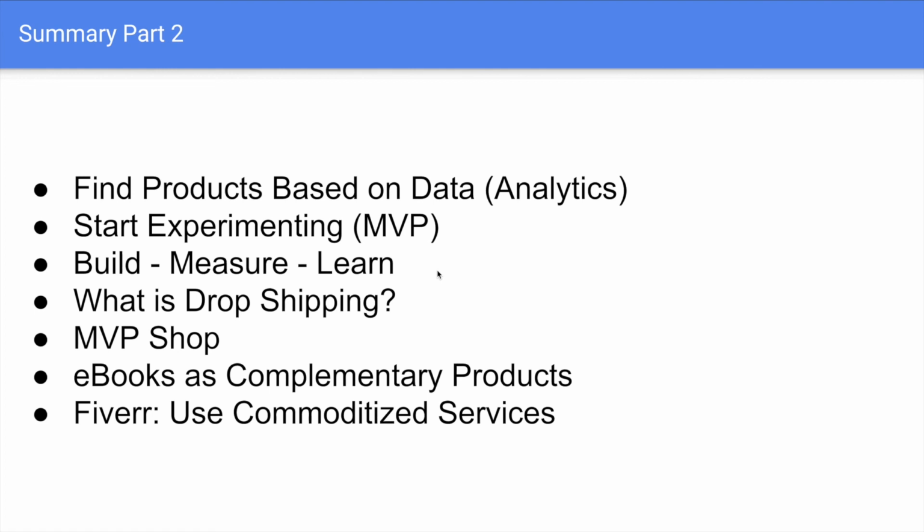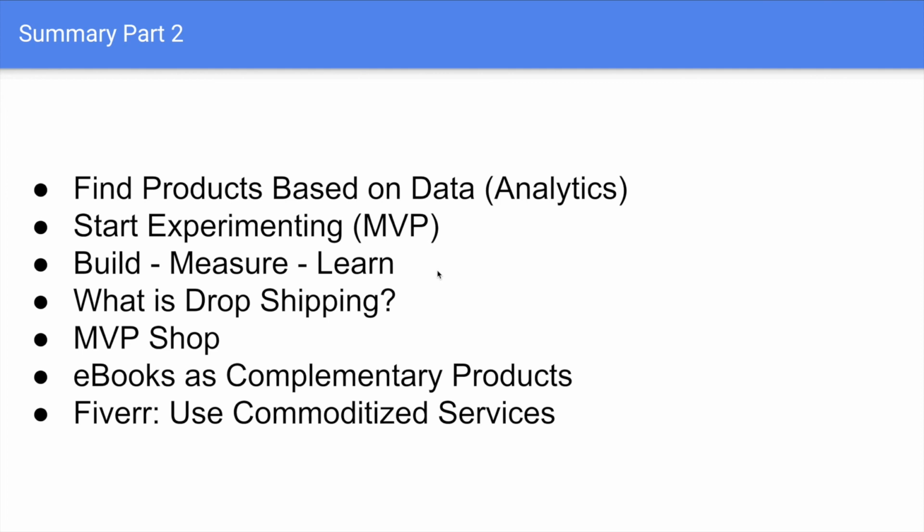Then I started experimenting with that product. The minimum viable product was the approach for this. Reduce your product really to what is necessary, to not waste too much time on something that no one wants. In this aspect, we also talked about the lean startup and the build, measure, learn cycle.